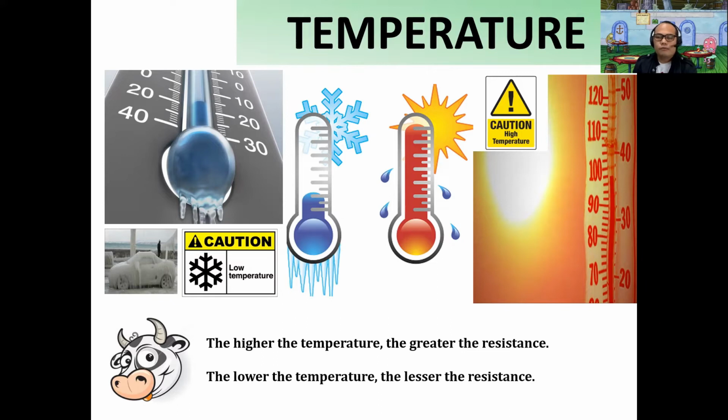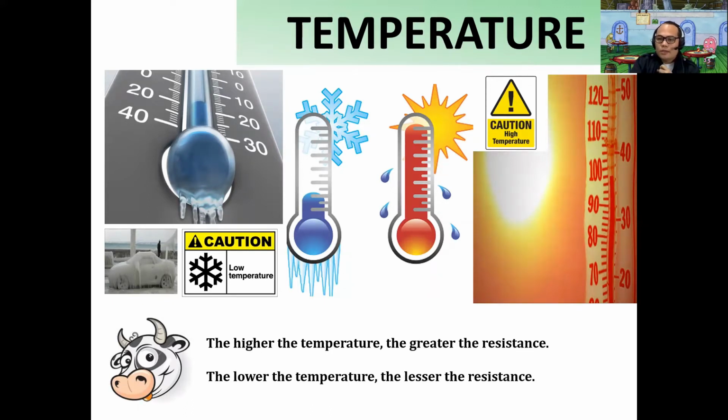In videos of sub-zero temperatures, there is a phenomenon called superconductivity, where there is almost no resistance, and current passes better through a material at temperatures below 0 degrees than at higher values. Again, the higher the temperature, the greater the resistance, and the lower the temperature, the lesser the resistance.